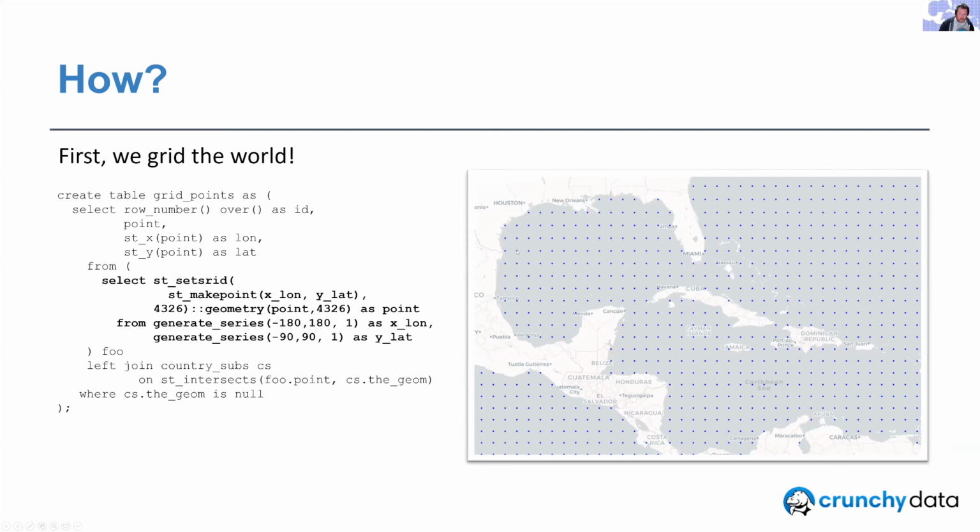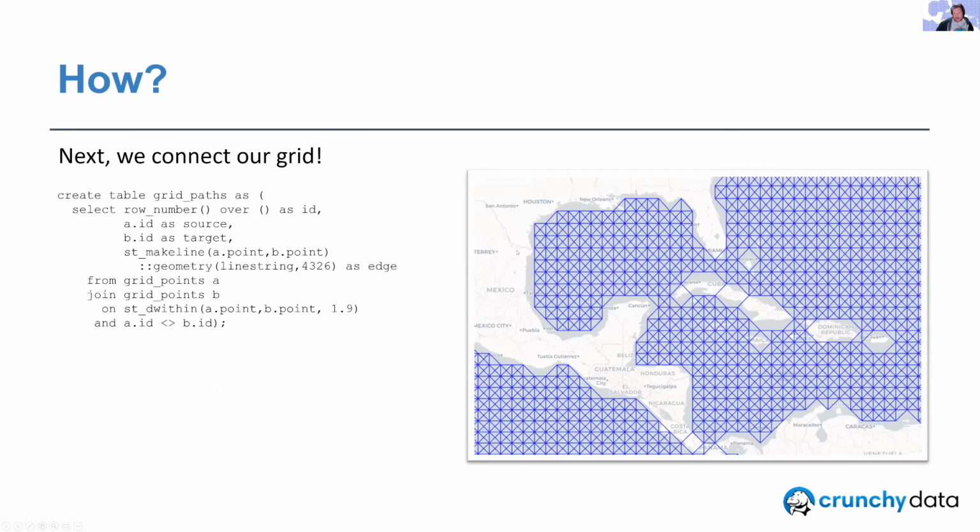Now that we have those dots, we can connect those dots. And you'll notice that's the background on my screen right now as well. But this is all of the dots. If we look at the query over here, again, with the row number as ID, we're making a line where the points are within, I did 1.9 because it's less than 2 away from things.